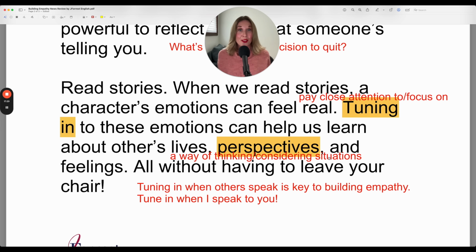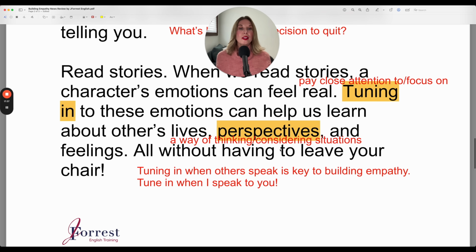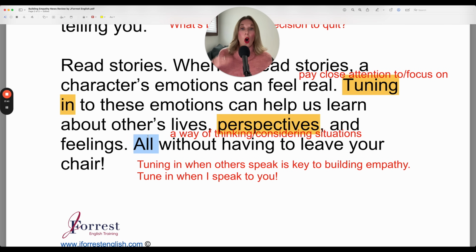If not, that's okay because you just need to repeat it. In my opinion, from my perspective. All without having to leave your chair. So this means all represents you can learn about others' lives, perspectives, feelings without leaving your chair. So all is the various points that were mentioned before.